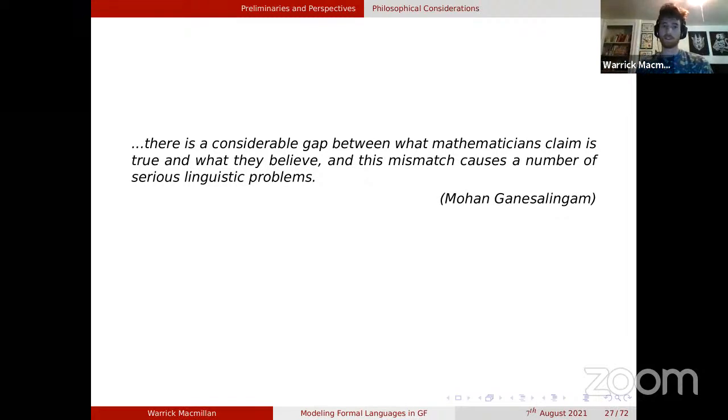Ranta's quote: "There's a considerable gap between what mathematicians claim is true and what they believe, and this mismatch causes a number of serious linguistic problems." And he does a very elaborate analysis of natural language mathematics from a linguistic perspective in his book The Language of Mathematics. It's an important reference for this work, but we won't go too much into the details.